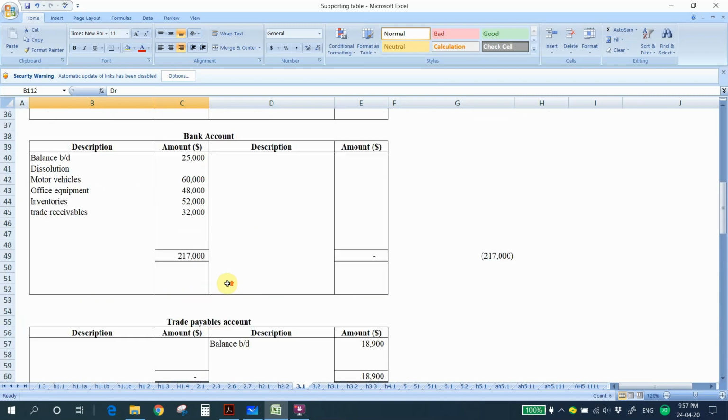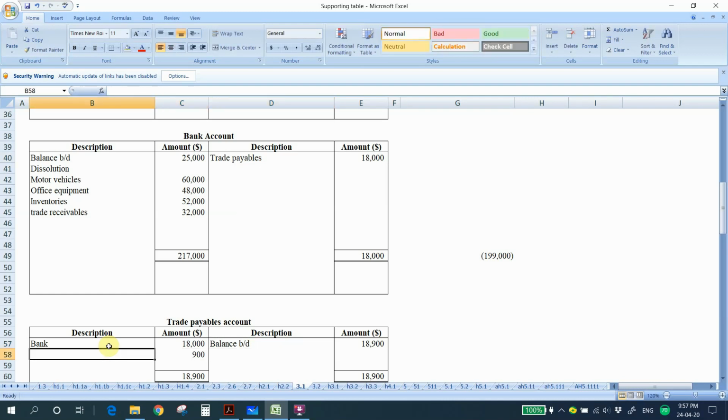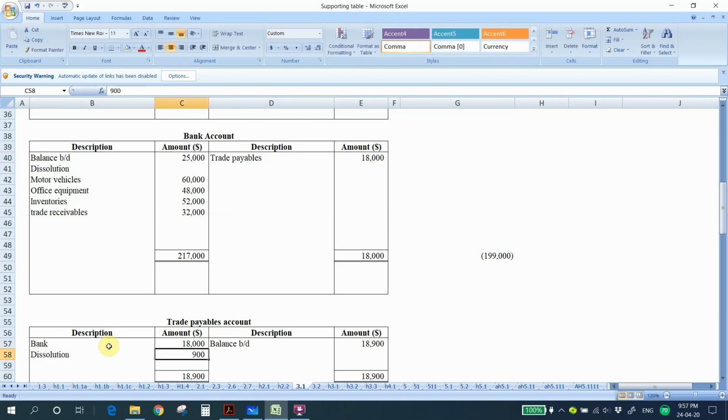So bank account, we make a payment to trade payables. The balance is 18,000. So this will refer to your trade payables account. A bank payment 18,000. So the remaining 900 we will record in the dissolution account.